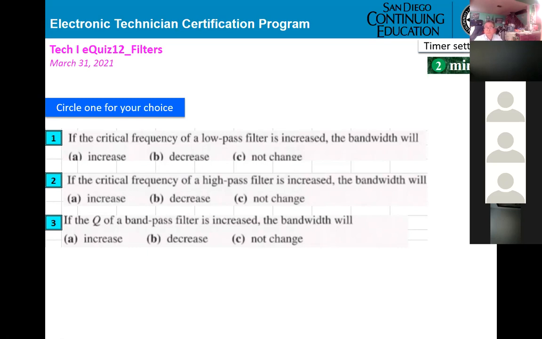Is this something that we're turning in? Well, after you're done, you have to upload it. E-quiz, I see it now. I was looking before, I didn't see it. There it is.